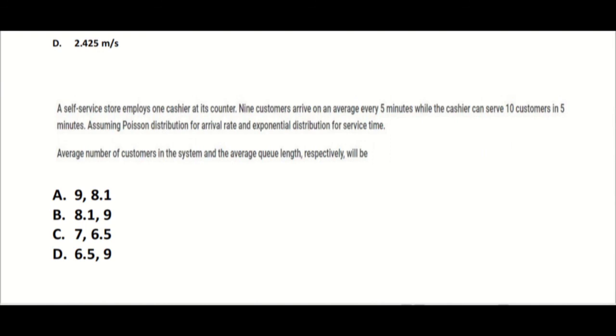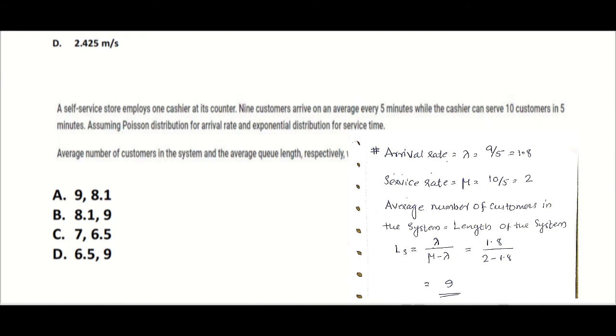To find the average number of customers in the system and the average queue length respectively. Here, the average number of customers, that is the length of the system, and the length of the queue, we need to calculate.